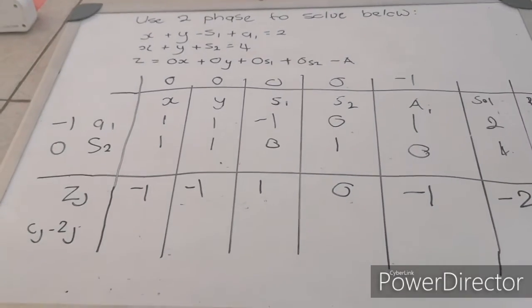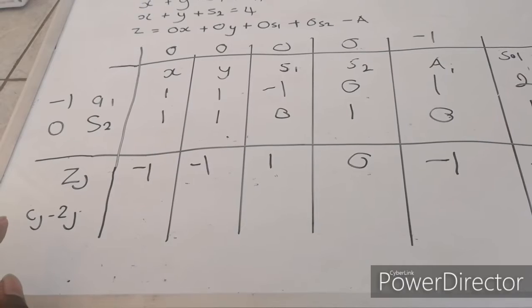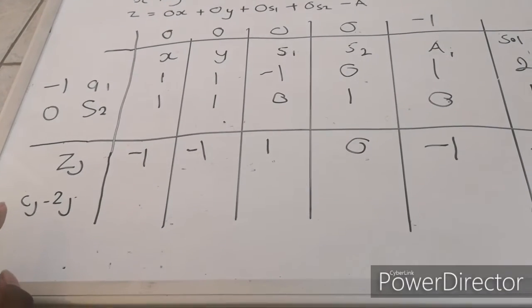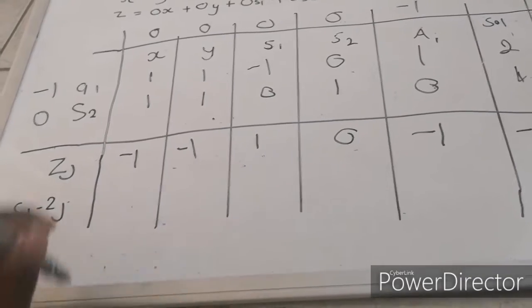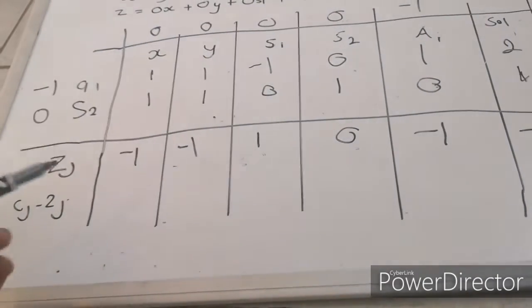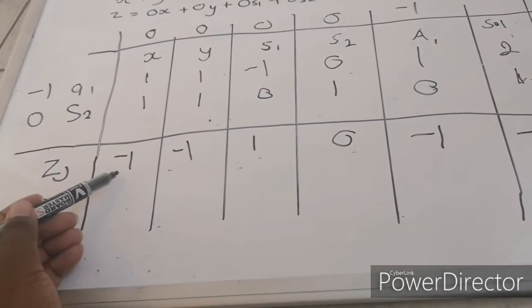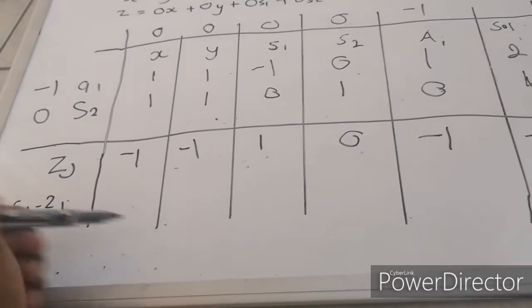Cool. Now to get this, we would subtract Zj, which is the one we've created right now, from Cj, or the original objective function. So that would be that minus that. Don't forget your signs.